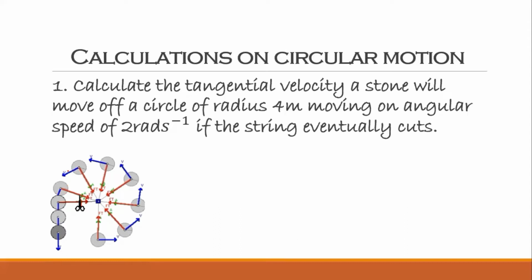Assuming it cut off in this direction, at this point, the direction would have been like this, tending to move in a straight line. Assuming it cut off here, the direction will be like this. It tends to move in a straight line, and due to the force of gravity, it will definitely go down like this. So these are known as tangential velocity.